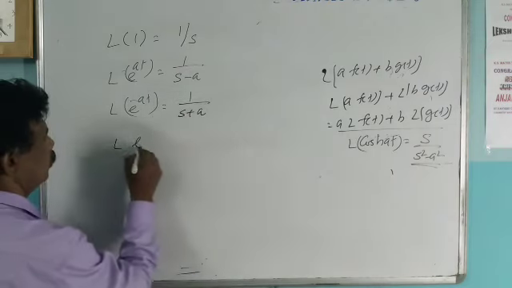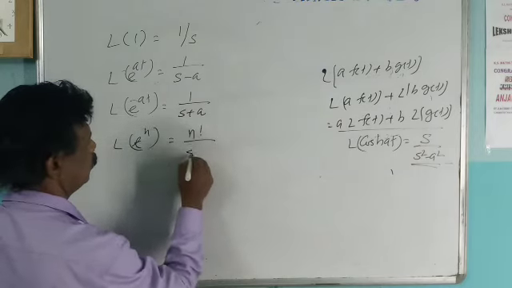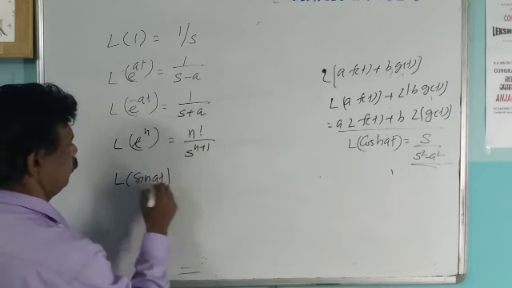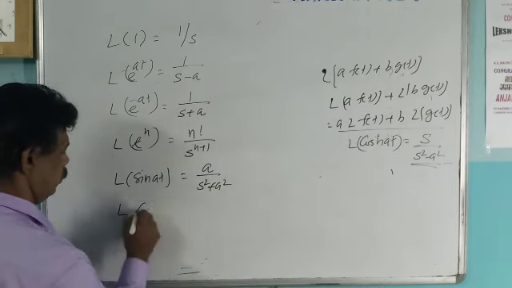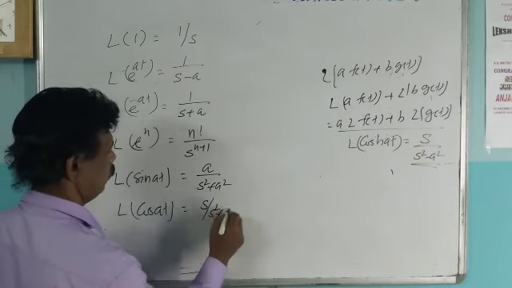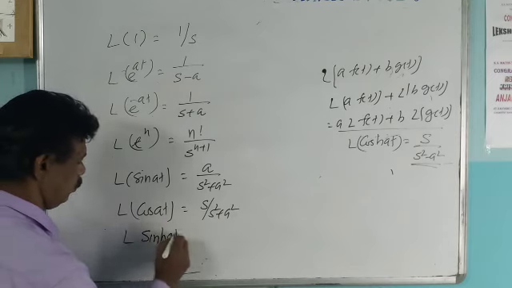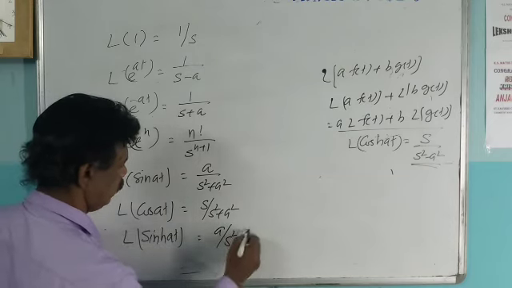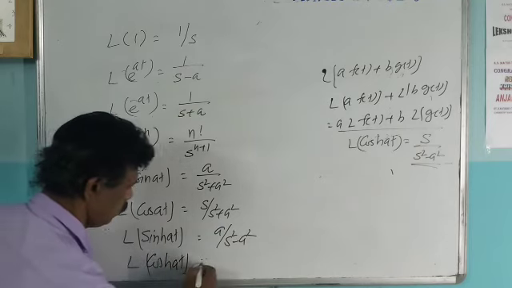Next, Laplace of t raised to n equals n factorial by s raised to n plus 1. Laplace of sin at equals a by s square plus a square. Laplace of cos at equals s by s square plus a square. Laplace of sinh at equals a by s square minus a square. Laplace of cosh at equals s by s square minus a square.